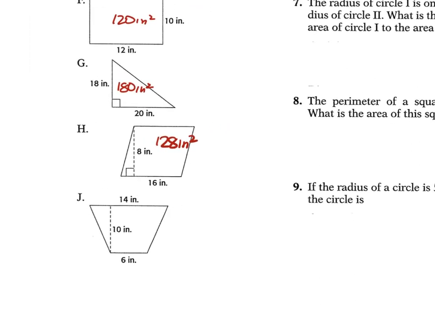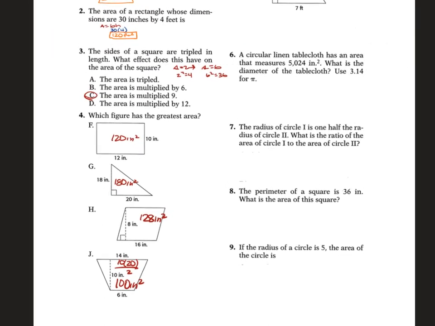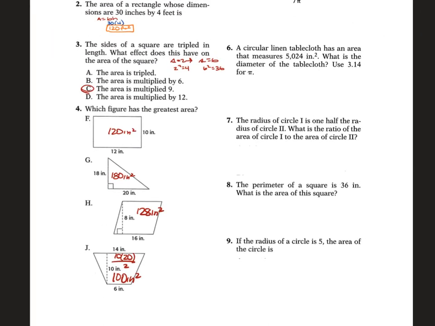And then for J, you have your base 1 plus your base 2, so that's 20, times your height divided by 2. So that's 200 divided by 2, that's 100 inches squared. So the one that is the greatest is G.